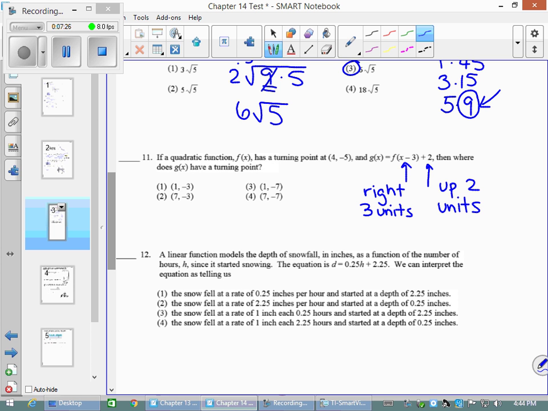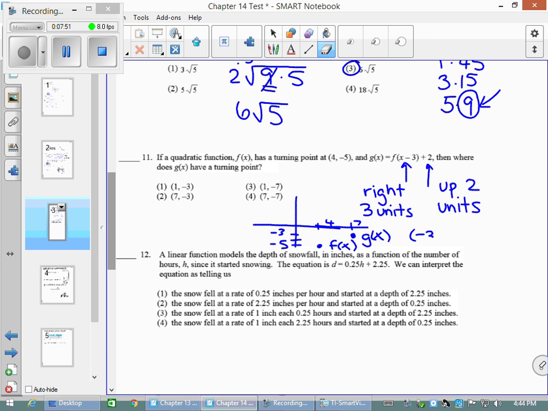If I take the original turning point, which we knew was (4, -5), this is my f of x turning point, and I go to the right 3 units, 4 plus 3 would bring me over to 7, and if I go up 2 units, negative 5 plus 2 would bring me up to negative 3. So I end up over here for g of x at the point (7, -3), which is choice 2.